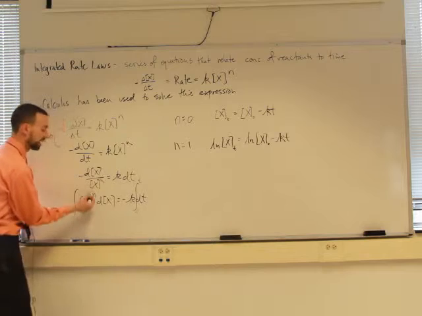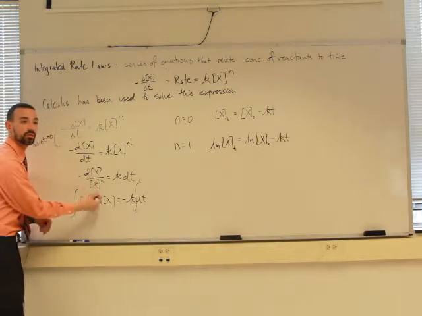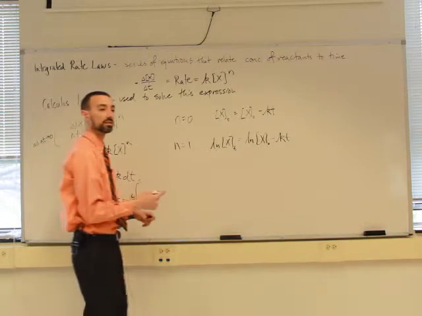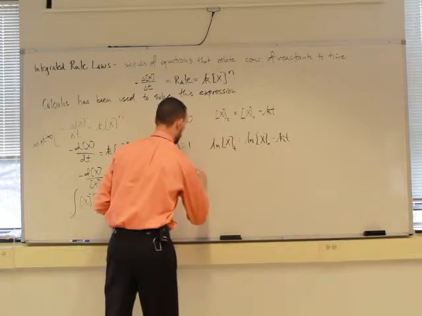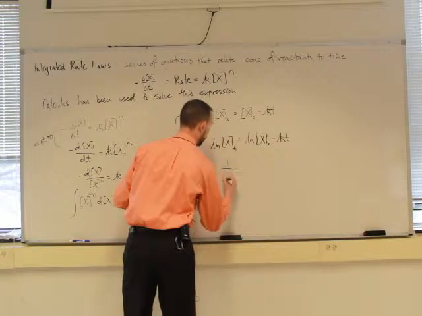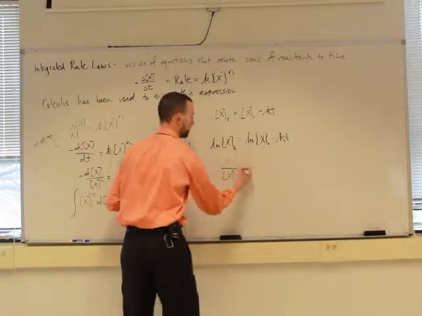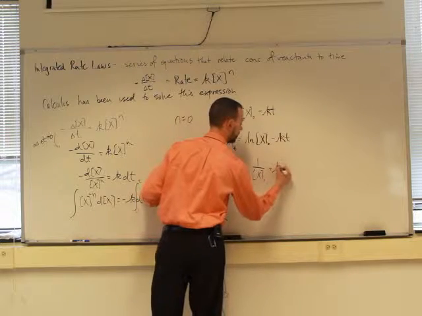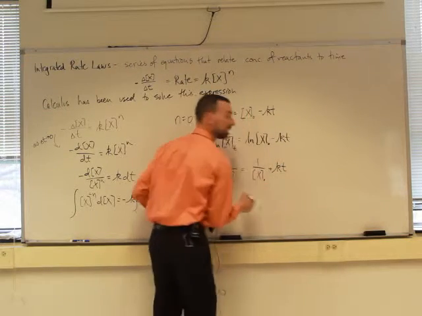Because you're going to have an x to the negative 1, so the integral of a 1 over x is going to have a logarithm in there, or a natural exponent. Okay? When n is equal to 2, I'm going to get 1 over the concentration at time t equals 1 over the initial concentration plus kt.